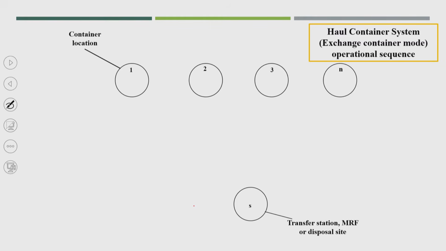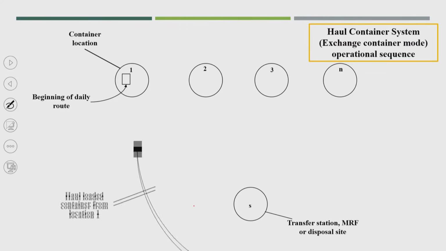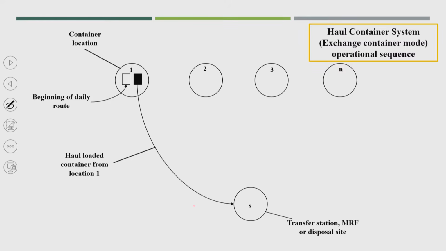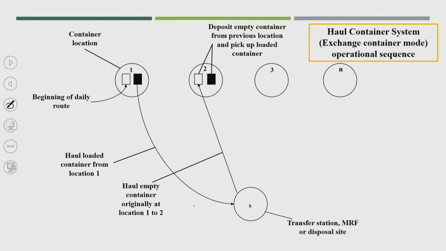Another way is where the vehicle carries one empty container. It first deposits the empty container and at the same time loads the full container, and continues to the other locations. It deposits the empty container first and also picks up the loaded container at the same time.